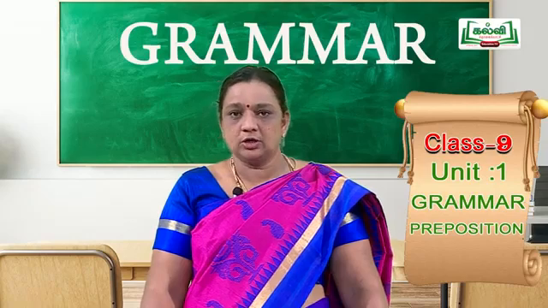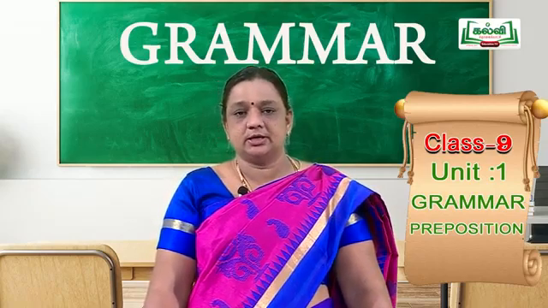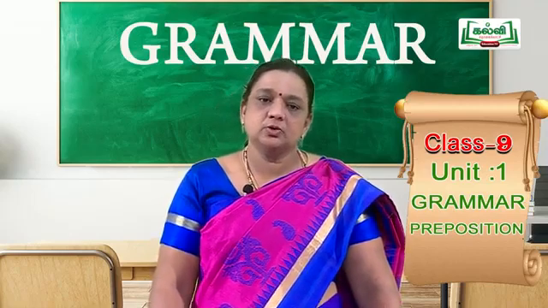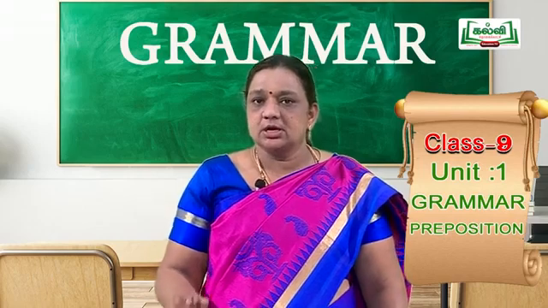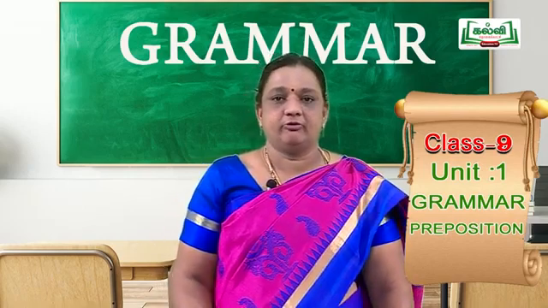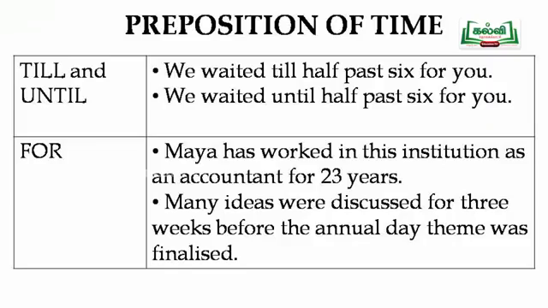We use for along with a period of time to make it clear how long that something goes on. Maya has worked in this institution as an accountant for 23 years. For plus a period of time, for plus 23 years comes in this sentence.